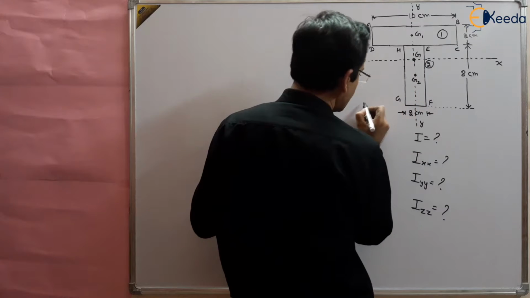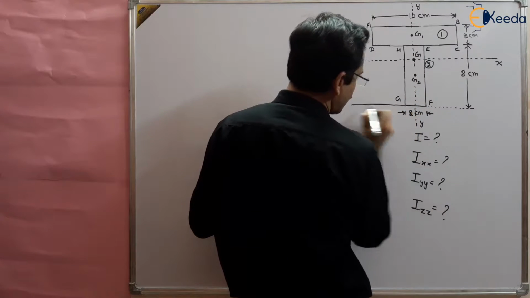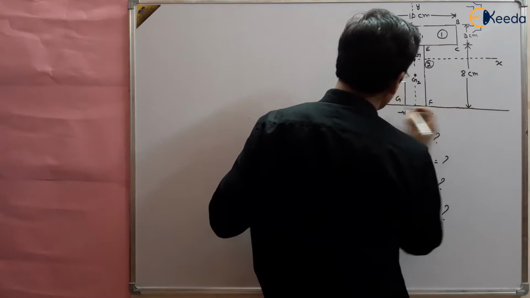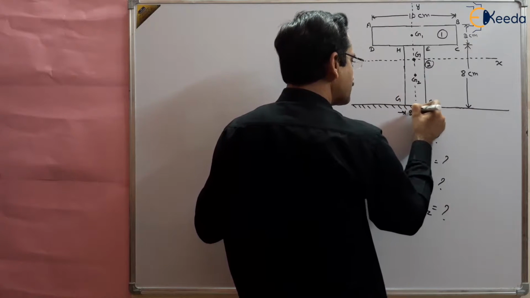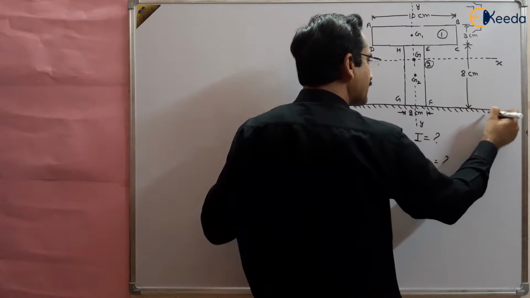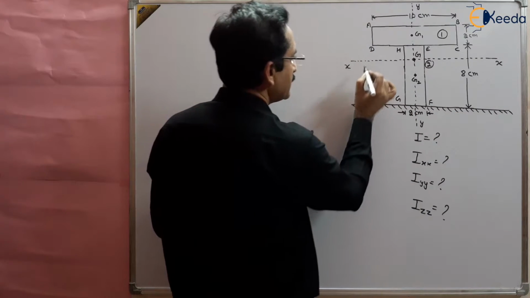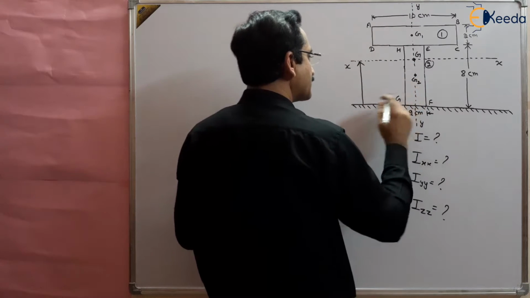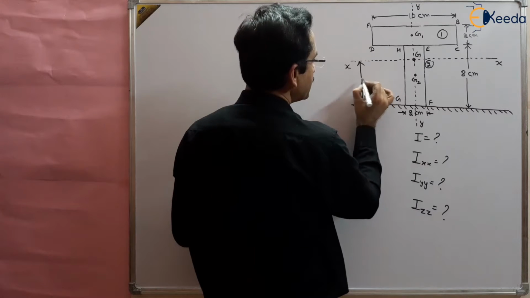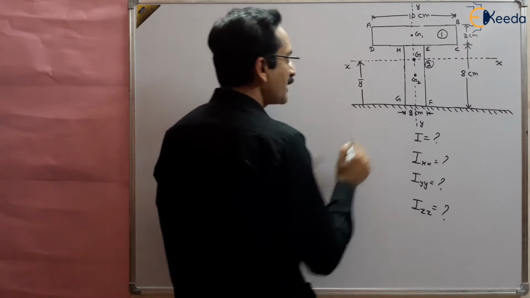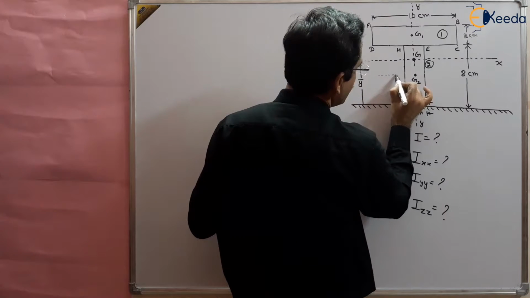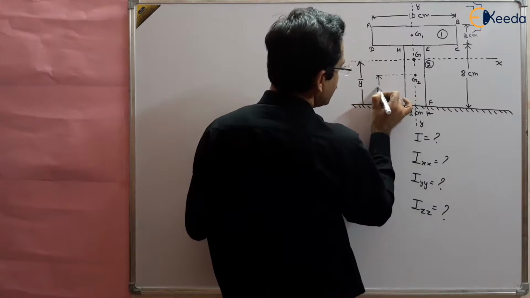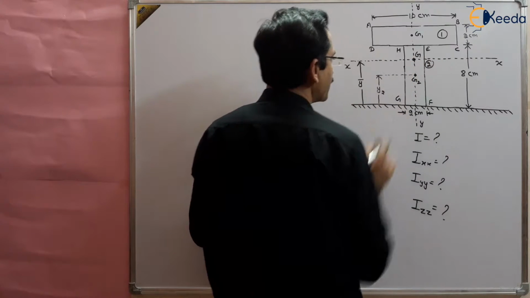So let us see, this is the reference line from where we can find the distance of the centroid, and this is one of the tips of the T-section. This is our centroid from this reference line, say y bar in the y direction. This is the centroid of the second figure EFGH, and say this is y2 because it is the second figure.